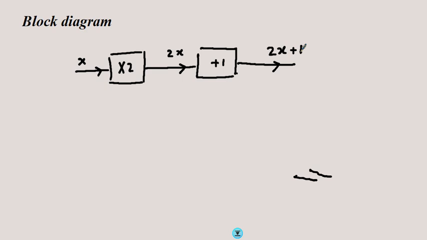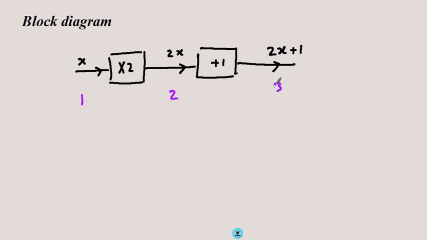Now, in a block diagram, you're breaking down the processes that occur to the element in the domain. Again, if you think of, let's say, when x is 1, you multiply 1 by 2, you get a 2. You add 1 and you get a 3. So 1 goes in, 3 goes out.